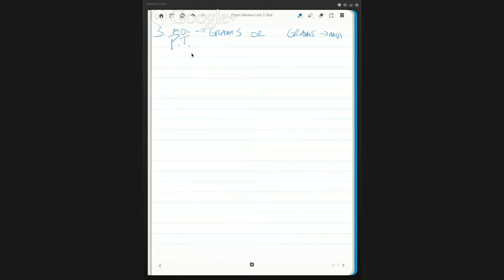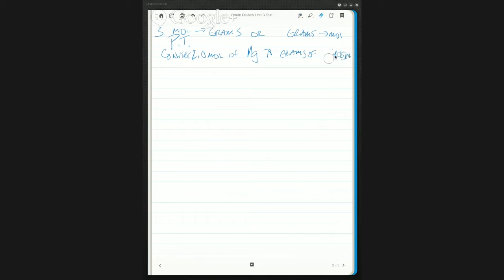And let's say we had 2.0 moles of magnesium, convert to grams of magnesium.